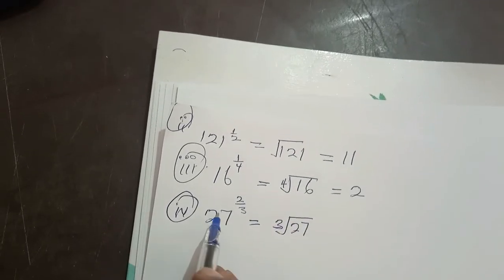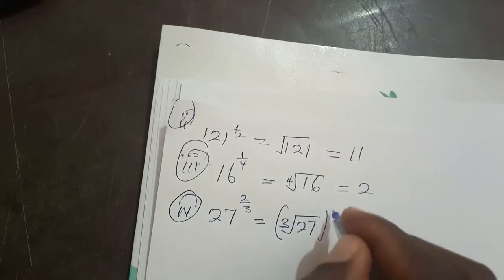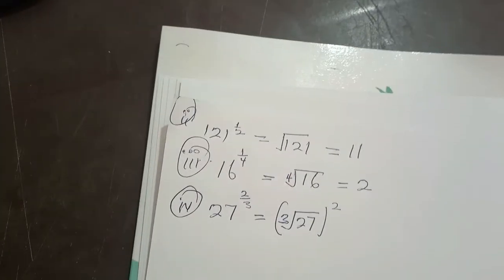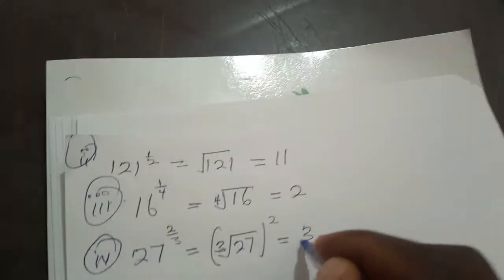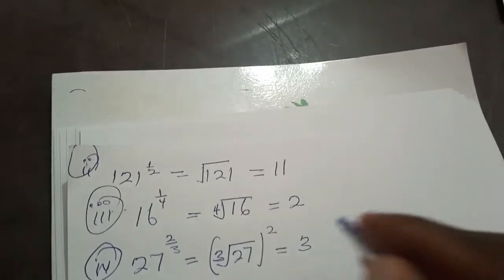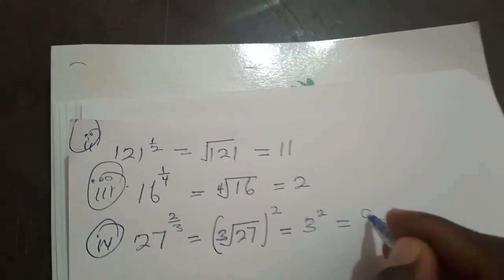Then let us not forget our m, which is 2, so all squared, and that will give us cube root of 27 is 3, then the square is here, don't forget, so 3 squared, and that will give us 9.